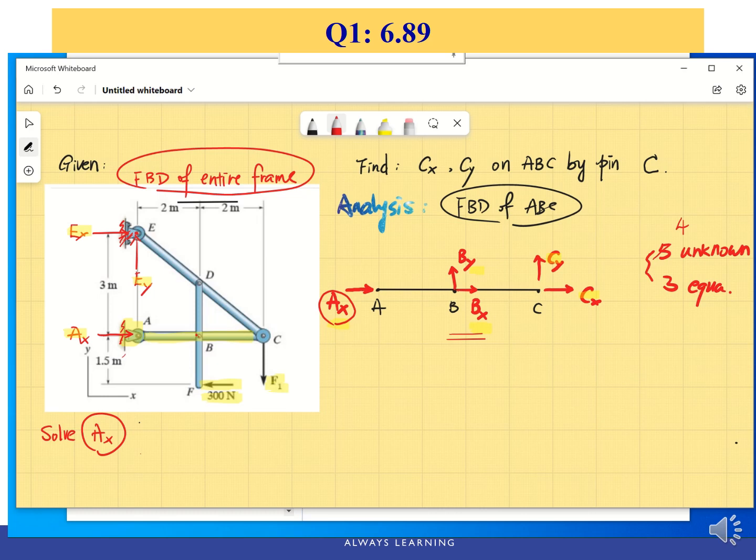All right, so the pin B, connecting member ABC and member DBF. So another pair of reactions will be applied to this adjacent member, DBF. So let's draw the free body diagram of the member DBF.